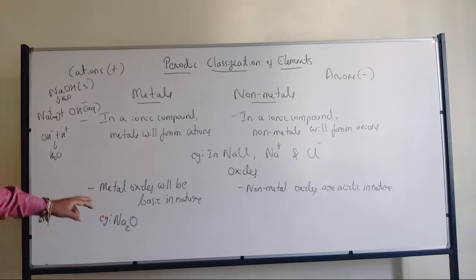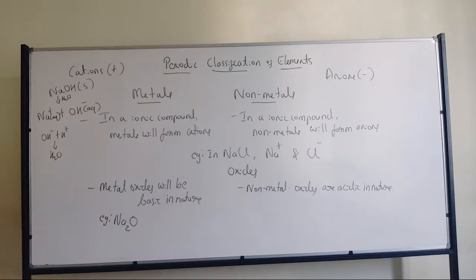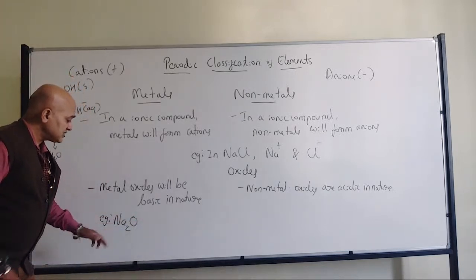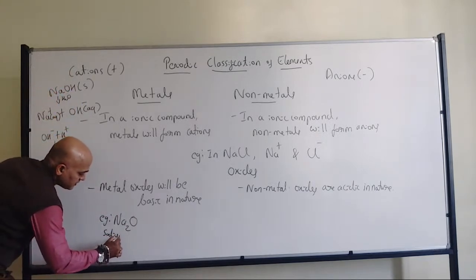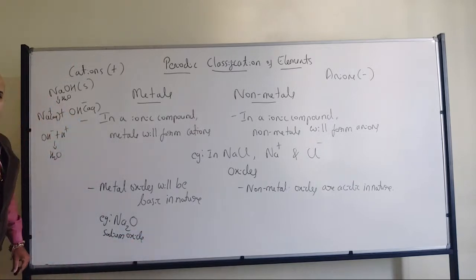So sodium will be required in 2 numbers because 1 sodium is plus 1. Anyway, these things you are going to study in redox reactions. This is nothing but sodium oxide.